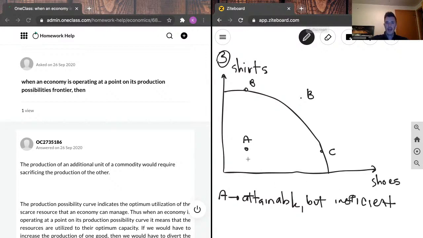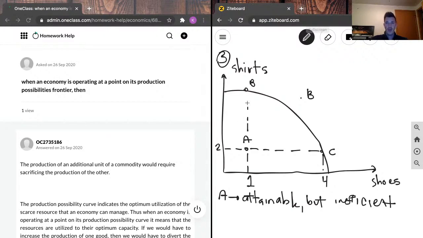So maybe at point A here, we can produce 1 pair of shoes and 2 shirts. So that's attainable because it's inside, but it's not efficient because without giving up any shirts, we can maybe produce 4 pairs of shoes here if we move to point C.